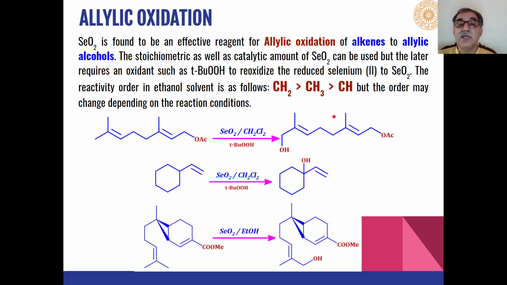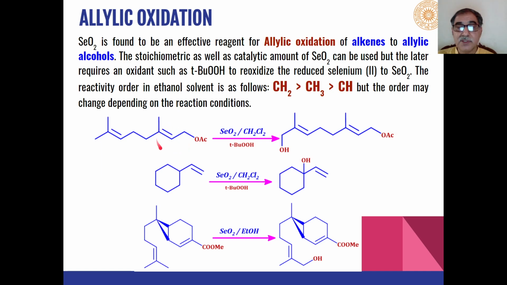As far as reactivity of different groups is concerned, the methylene group is more reactive than methyl than tertiary group. But this order of reactivity may change if we change the reaction conditions. So these are a few of the examples.